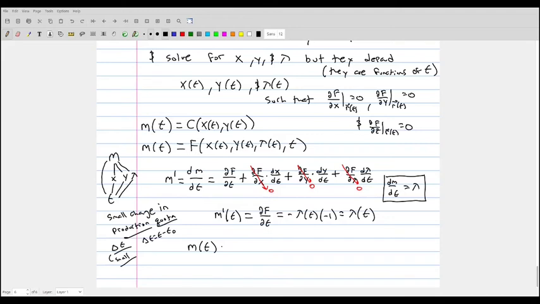then m of t is going to be approximately equal to the minimum value at t naught plus the derivative m prime at t naught times delta t. This is our linearization approximation for a single variable function. And what we've just shown is that this is the same thing as m of t naught plus lambda of t naught times delta t.